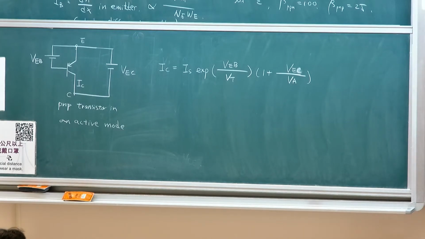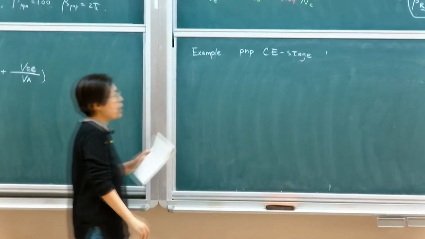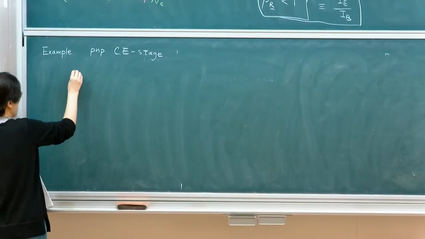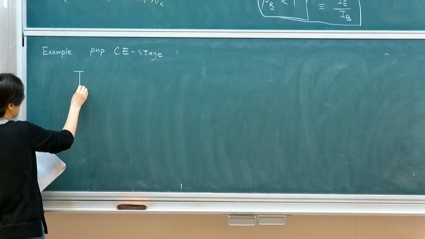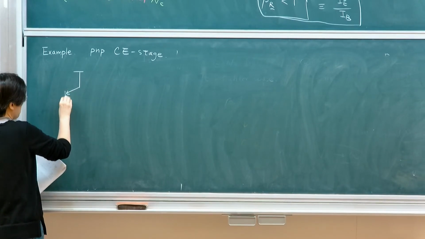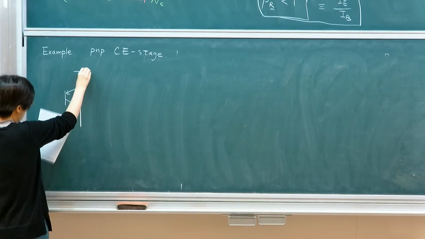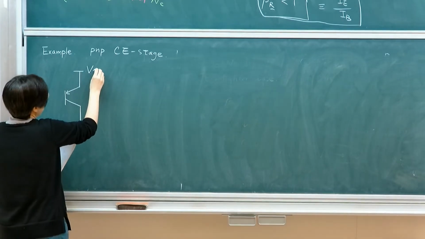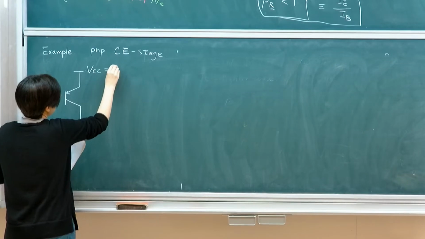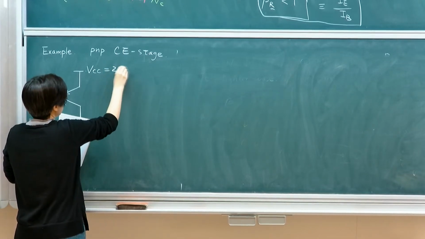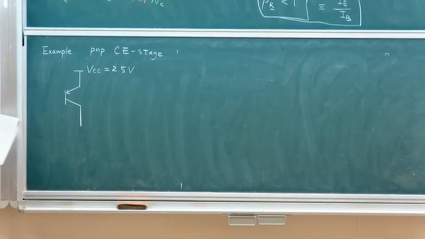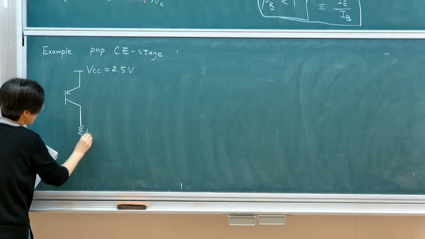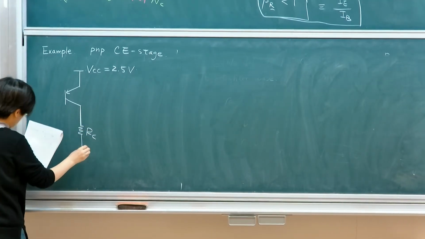This is also a common emitter stage. It's just that I'm using a PNP instead of an NPN. So for common emitter operation, this will be my highest voltage. This is 2.5 V. And then this will be my collector resistance, because I'm in reverse.